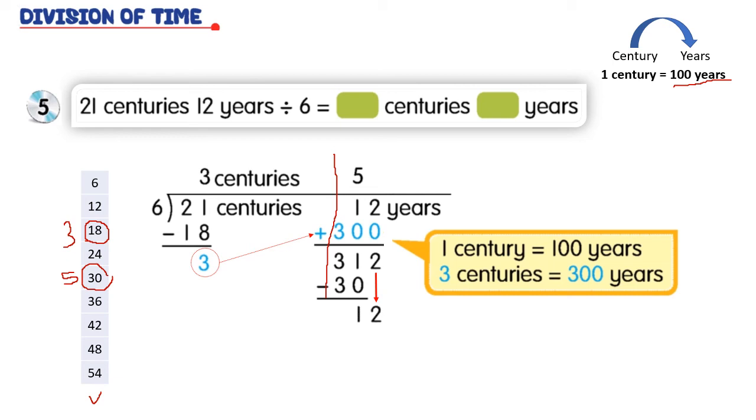Now look again at table 6, there is 12 there. It is 2. So you write 2 at the top. Again, write 12. Now you subtract. So 12 minus 12 is 0. So the answer for 21 centuries 12 years divided by 6 is 3 centuries 52 years.